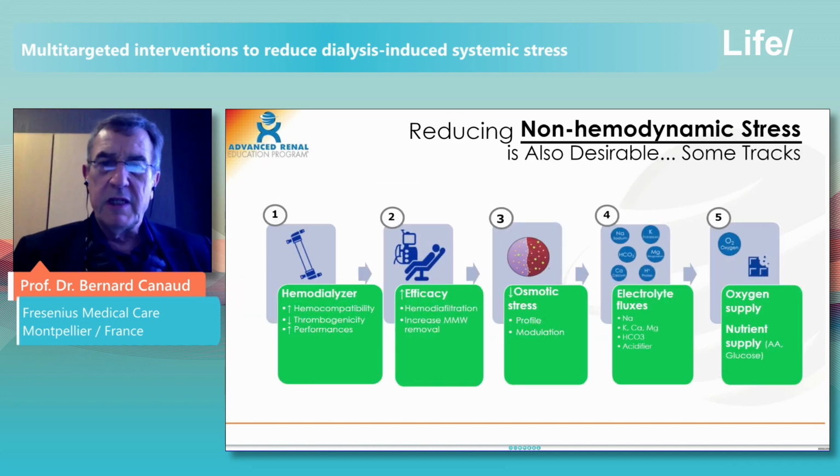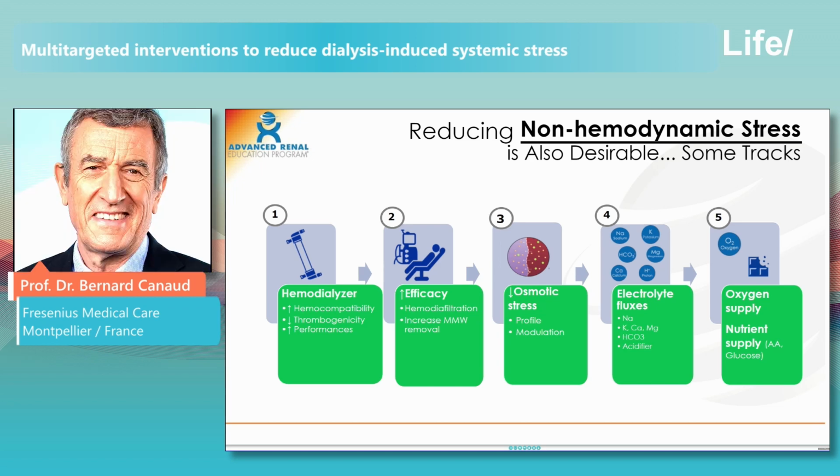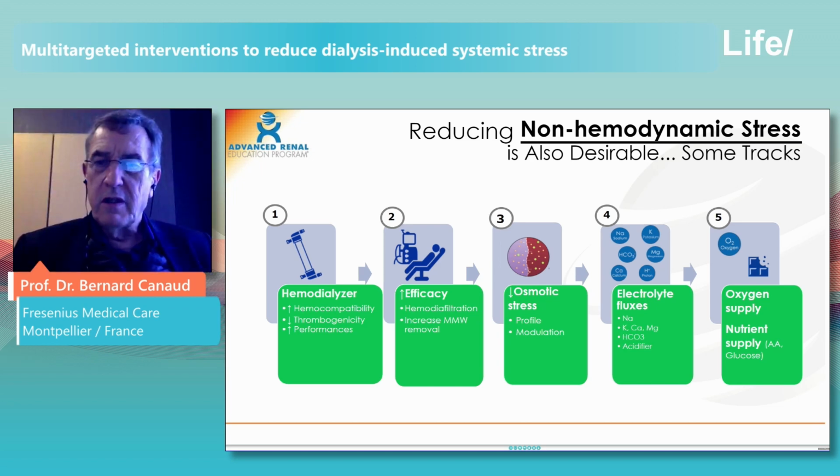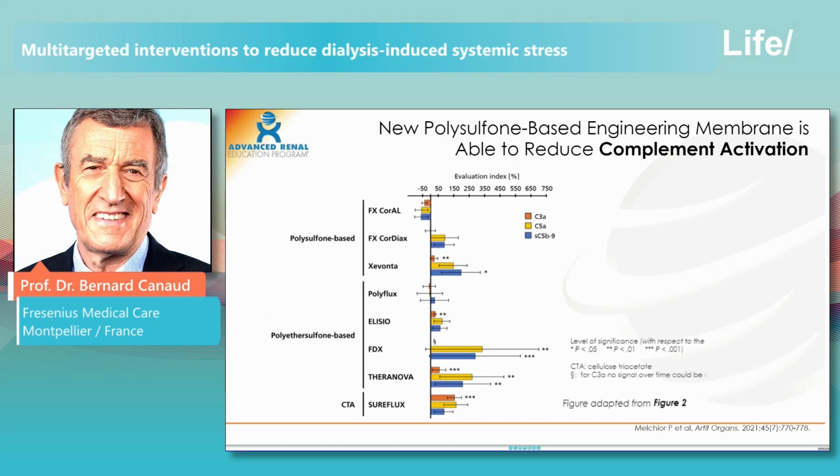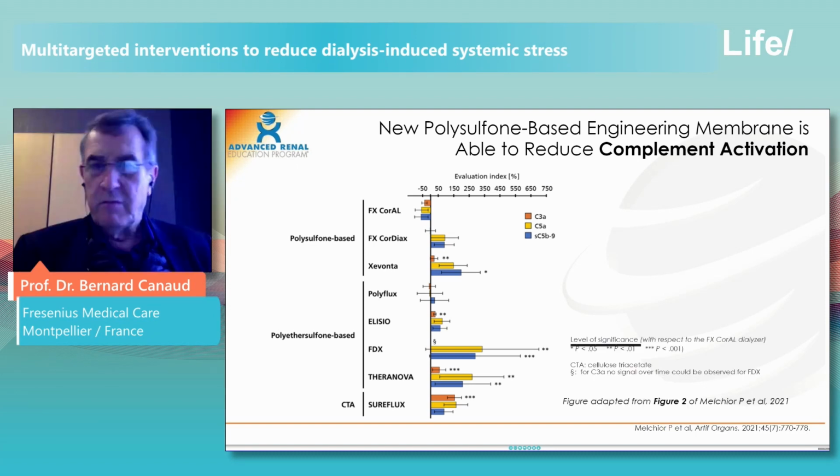And the last point is non-hemodynamic stress. It's also desirable: use a more biocompatible hemodialyzer to reduce bioincompatibility, a more efficient technique, use of electrolyte fluxes, modulate oxygen supply. Just some elements: complement activation can be reduced depending on the membrane.